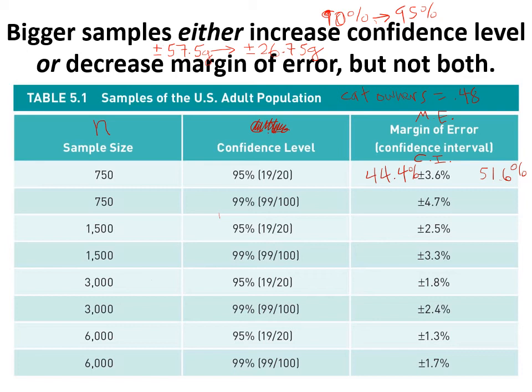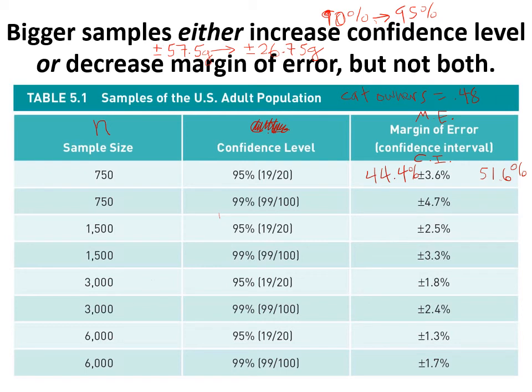So, okay, so here then, we've got this margin of error from, if I did this right, 44.4% to 51.6%. So basically 48 plus 3.6 should give us that. So 49, 50, 51, yep, and 48 minus 3.6 gives us this.